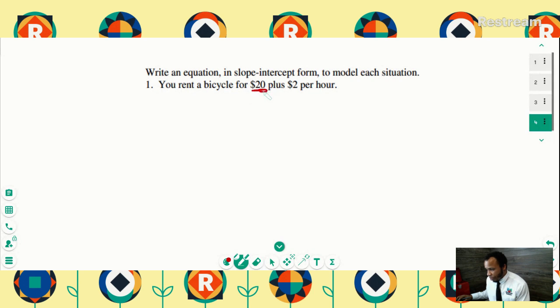So we know we're going to have to pay $20. After we pay that $20, from there we have to pay $2 per hour. That's a horrible outline, but you get what I'm trying to show you. So we're starting off with $20. And you have to pay $2 per hour.